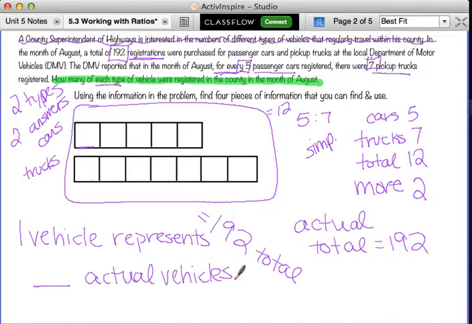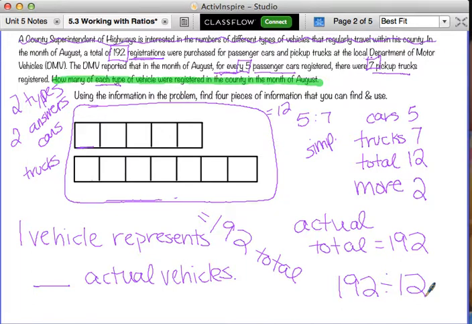Okay, there are a lot of different ways that we can look at this, and first I'm going to start off by saying, if all these boxes here is 12, I can take my actual total, 192, and divide that by 12, because I have 12 total objects to represent the 192 total objects.